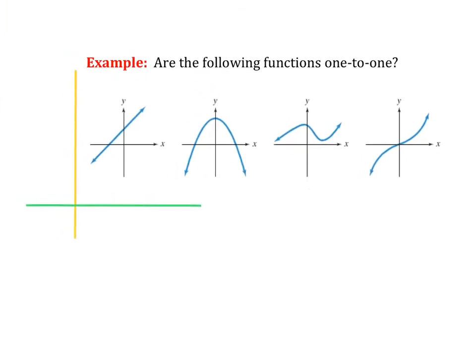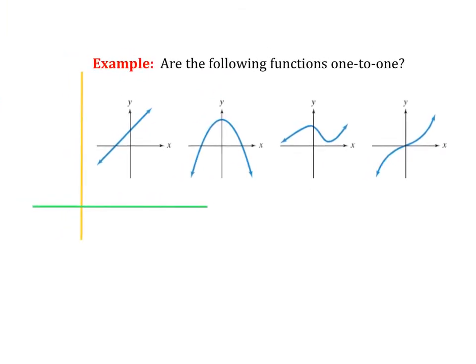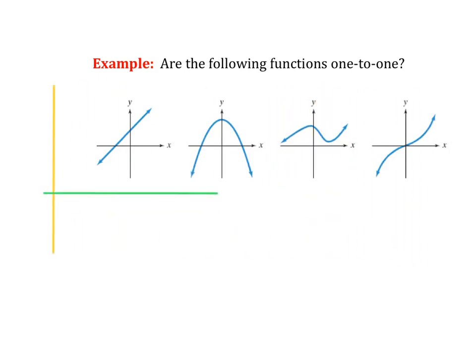All right, some more examples here. I'm going to go ahead and do the vertical line test just for all of them to get that done and out of the way. And it looks like they're all passing the vertical line test, so they are all in fact functions. Now let's try the horizontal line test. First one passes, so that would be a yes, it is one-to-one.